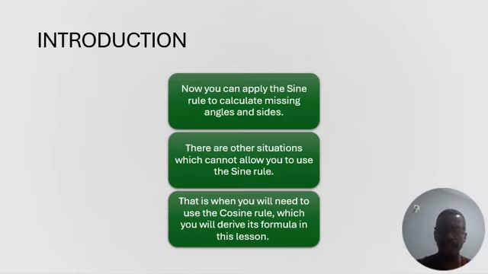For pali ma scenarios ena sine rule on the triangles which are not right-angled triangles, sine rule in other scenarios simateka, so you need cosine rule. So in this lesson we are going to derive that and show you what the cosine rule imagwira ntchito bwanji.